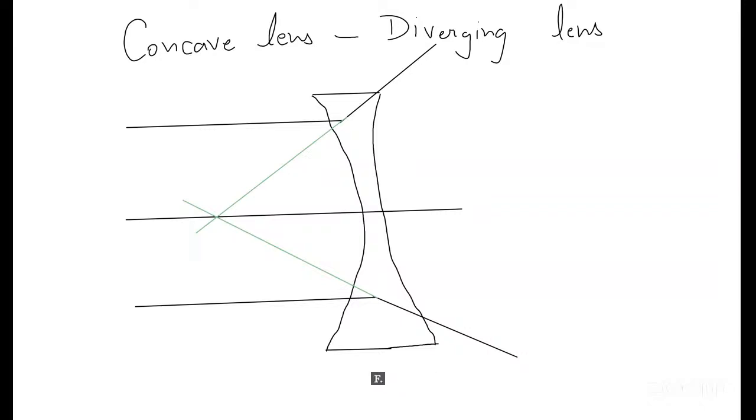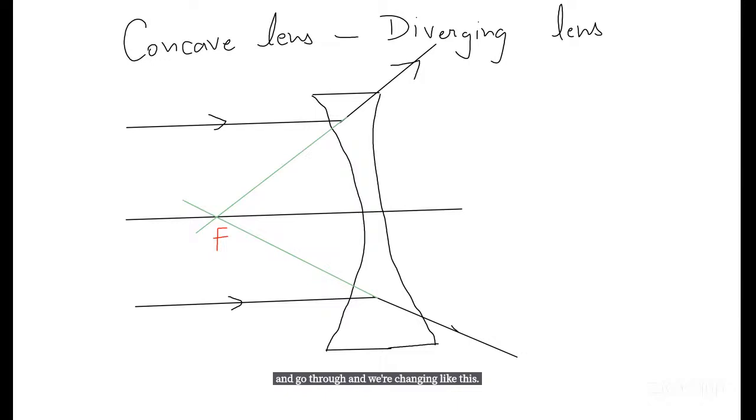Okay, and this is where image formation will take place. This is how concave lenses work. This is how the rays are diverged. Can you see the divergence? Can you see this ray diverging like this and this ray diverging like this?